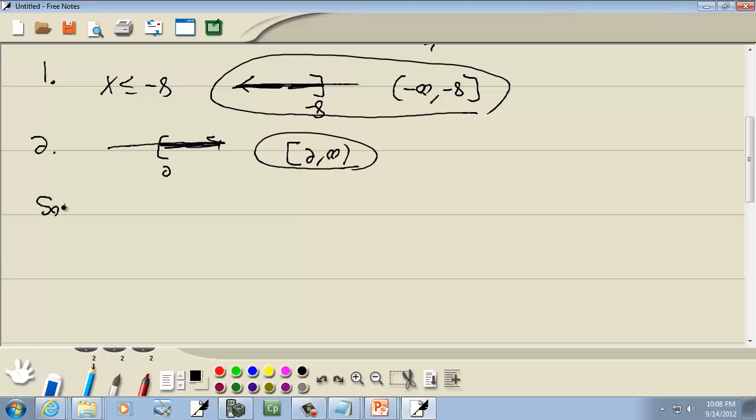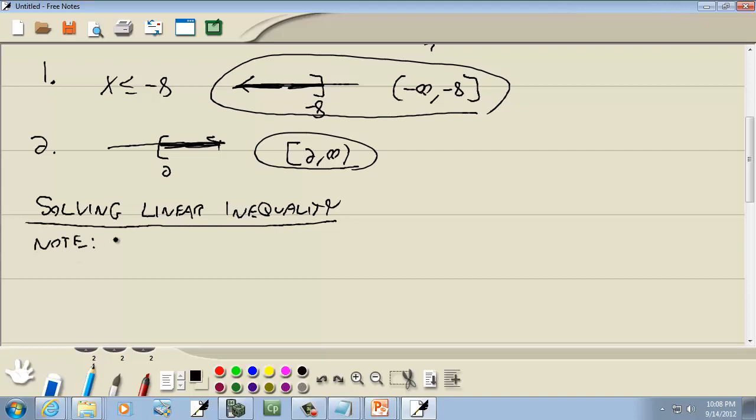Let's talk about how to solve a linear inequality. Solving a linear inequality. We have a note up at top. It says at any step, combine like terms and combine numbers.